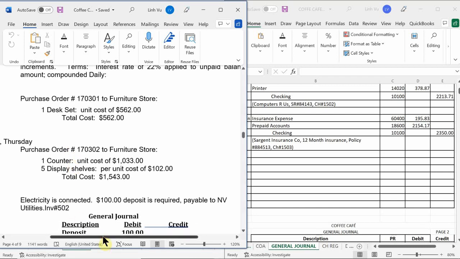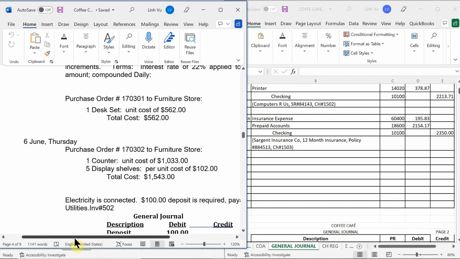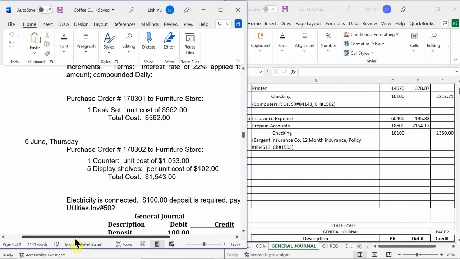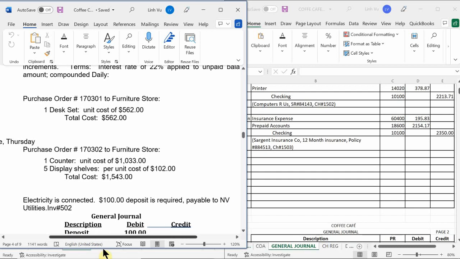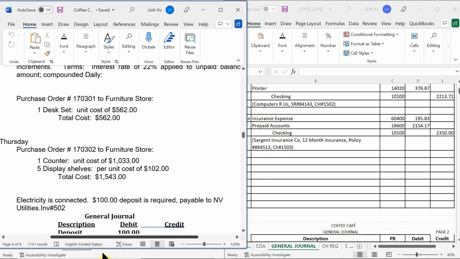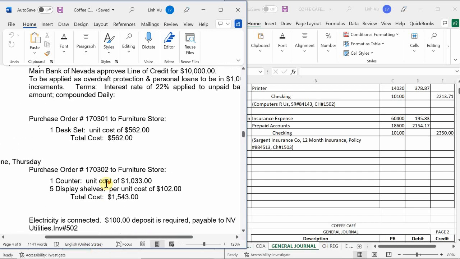So then the next day, or no, same day, the 6th of June, which is Thursday, we end up putting in a second purchase order to furniture store. So maybe we accidentally forgot something, right? And we're like, okay, well, let's just submit another purchase order instead of fixing it.